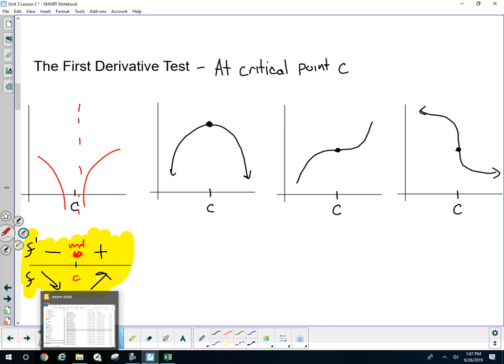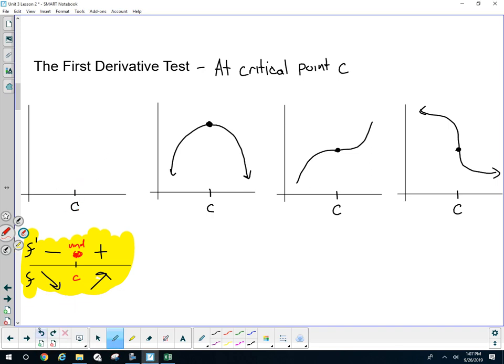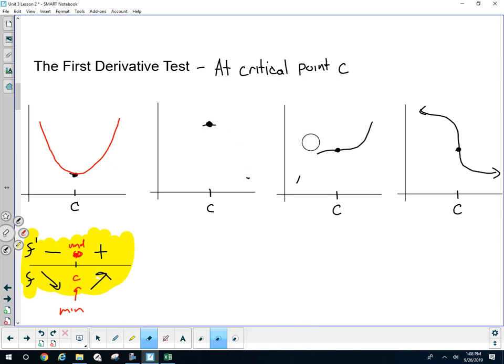Instead, just understand that our goal is to be able to produce this, to know that f is going to look like this. And once I know that, I know this is a min at that x coordinate location. So pretending that I don't see this graph, or this graph, or this graph, we're just pretending here.